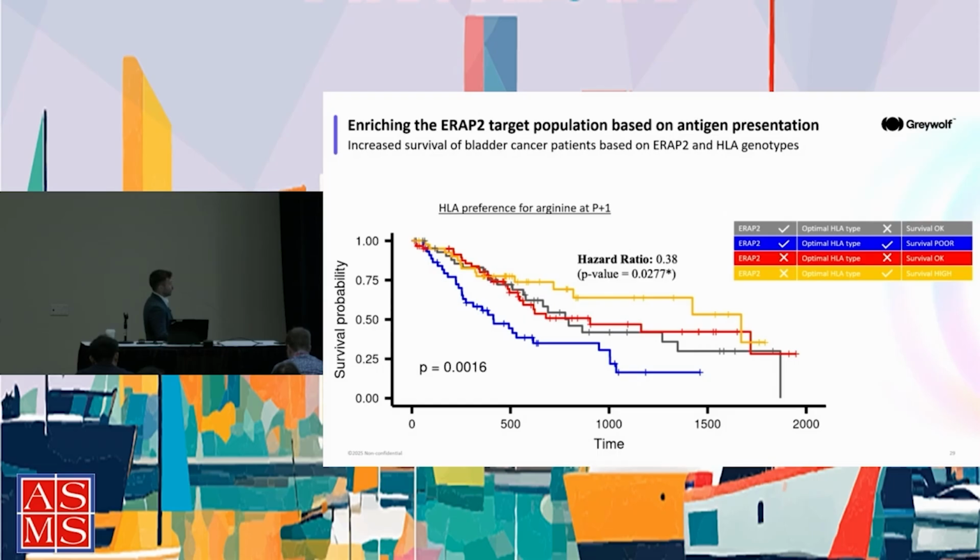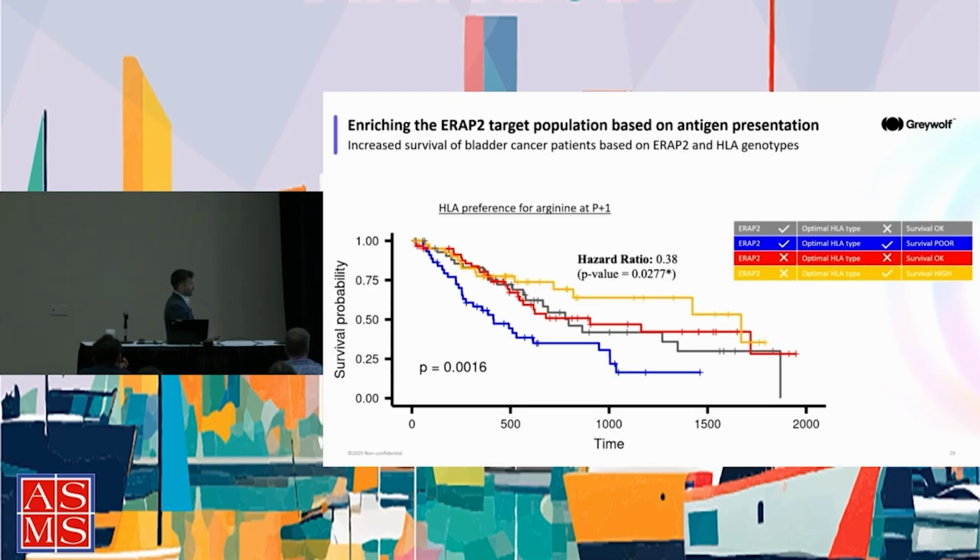So what you're seeing here is there is a particular SNP in ERAP2 that occurs in about 25% of the population. This particular SNP introduces a premature stop codon at exon 10, so it causes nonsense-mediated decay. You don't get protein product.